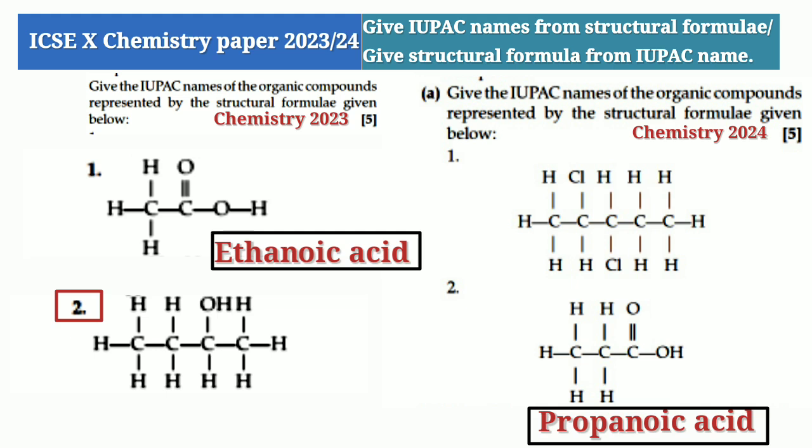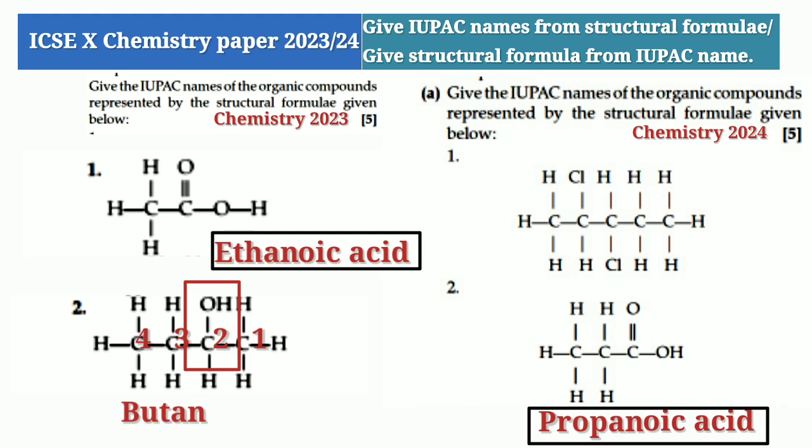Let us now write IUPAC name of this compound. It has 4 carbon atoms. Its root word will be butane. It has functional group OH, which is that of alcohols. So we have to start numbering carbon atoms so that we can give exact position where OH group is located, that is on which carbon atom. If we start numbering from left side, OH group is on 3rd carbon atom, and if we start numbering from right side, it comes on 2nd carbon atom, and we have to select least number, so we will select numbering from right to left.